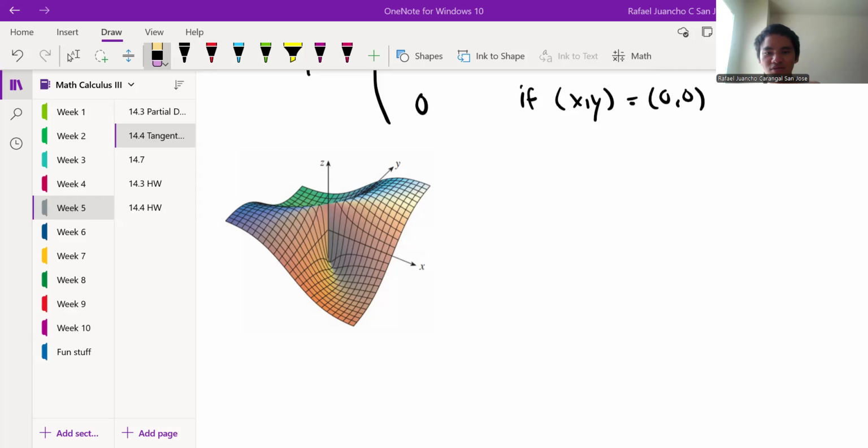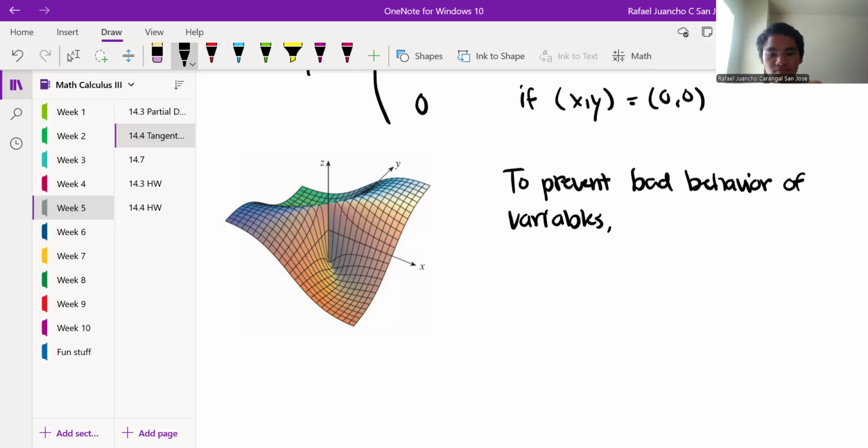To prevent bad behavior, we're going to ask what makes a function in general, whether a single variable or multivariable function, differentiable.